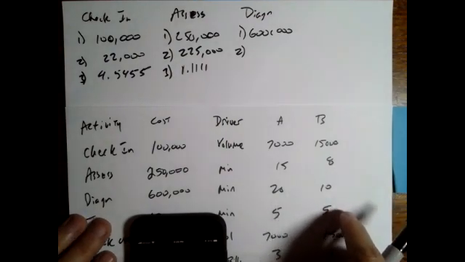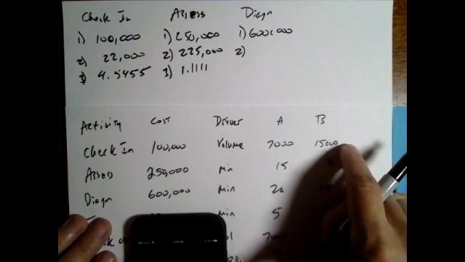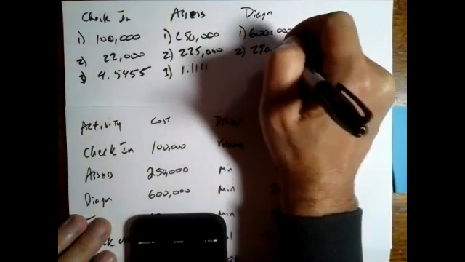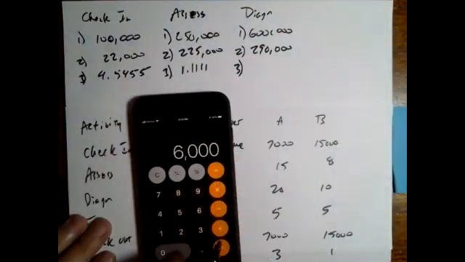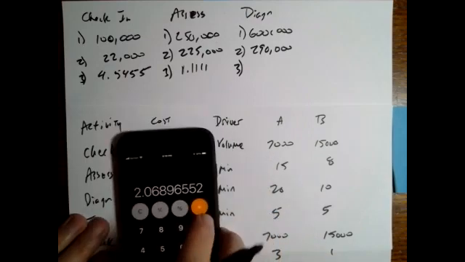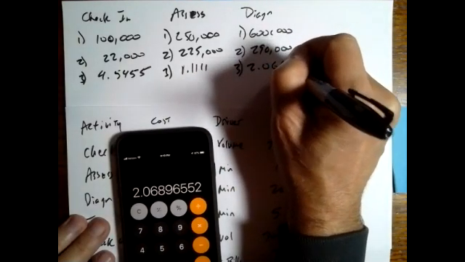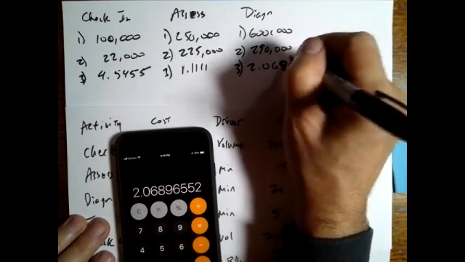Then we have 10 minutes times 15,000, that's 150,000, for a total of 290,000 minutes of diagnosis. So 600,000 divided by 290,000 gives us 2.0690.